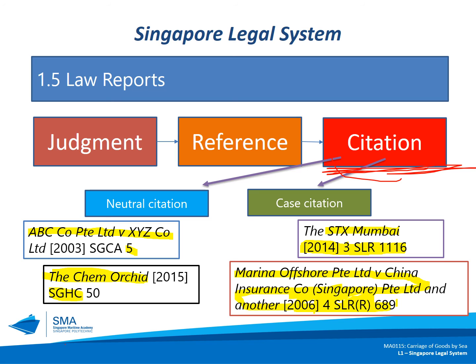Reissue from 2006, because it's a reissue version from 2006. It's not reissued in 2006, because they reissued it after 2009. So reissue from the 2006 Singapore Law Report, published in volume 4 of the Singapore Law Report, starting from page 689.